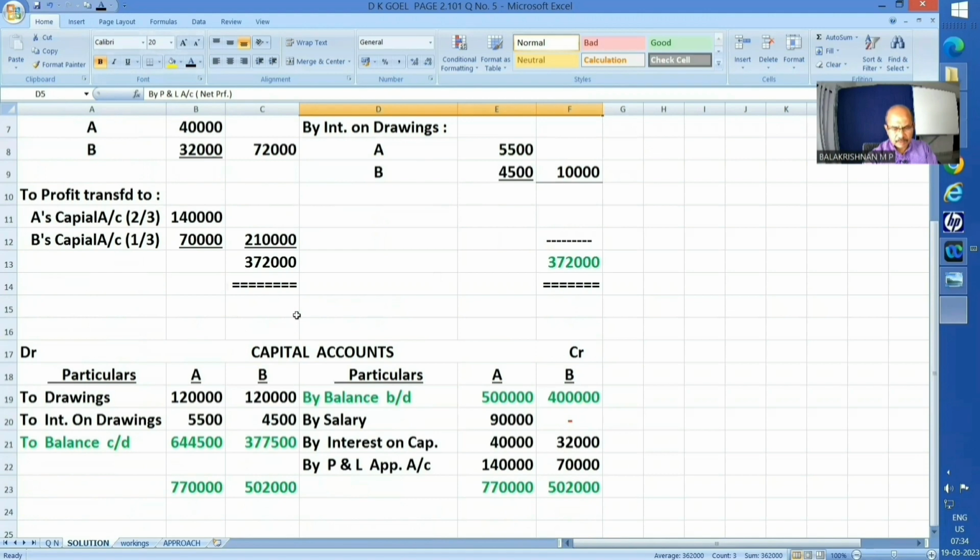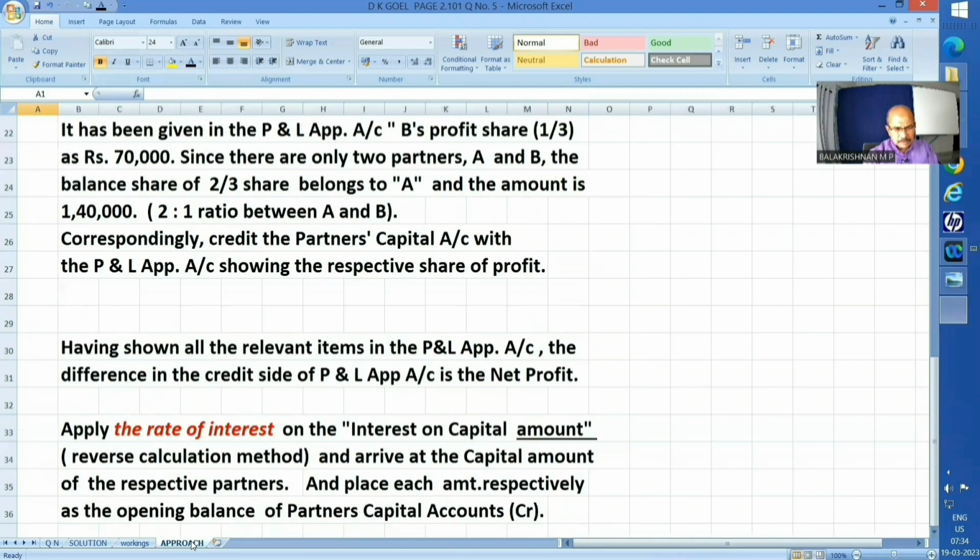Okay? Now, here, interest on partners' capital only has been given. Okay? Apply the rate of interest on the interest on capital amount by reverse calculation method and arrive at the capital amount of the respective partners, and place each amount respectively at the opening balance of partners' capital account.